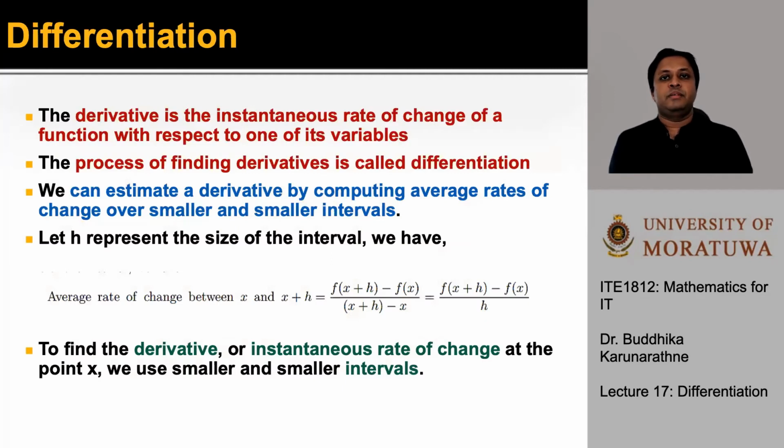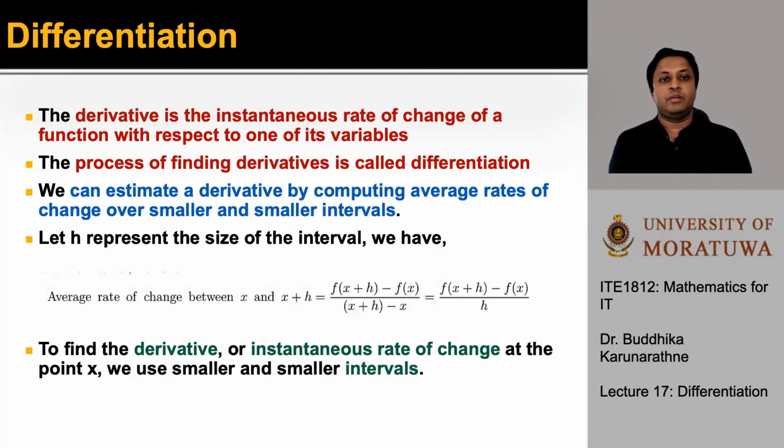Right. From the understanding of limits, we now move on to the concept of differentiation, which is also a very important concept. So let's try to identify what is meant by differentiation. We call this the derivative.